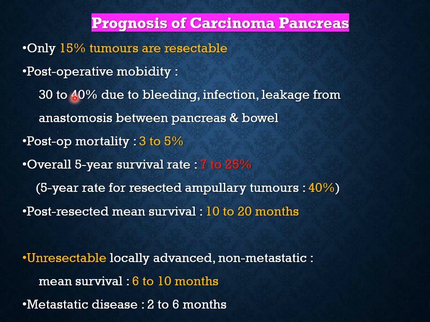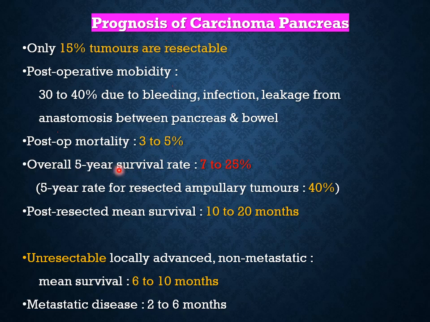So 1/3 of them develop some form of morbidity, such as bleeding, infection, leakage from the anastomosis, especially between the pancreas and the bowel, the pancreaticojejunostomy. So the immediate post-op mortality from these complications is 3 to 5%, which is significant.